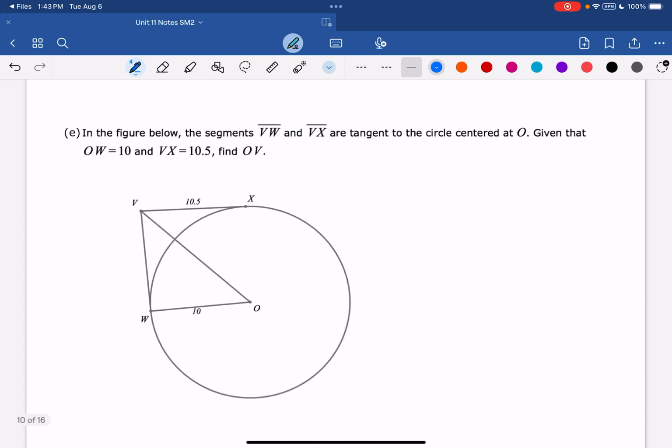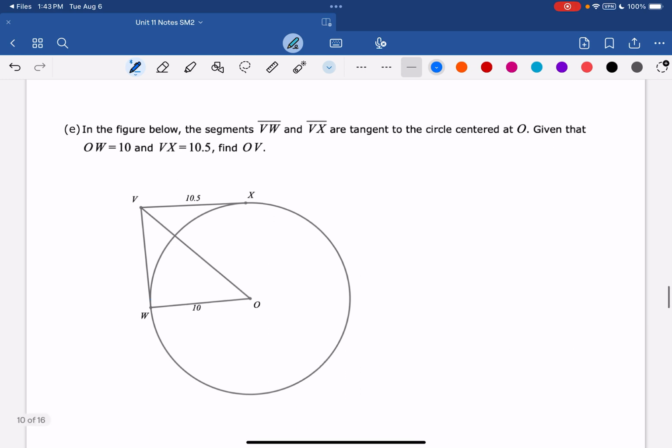And in the figure below, segments VW and VX are tangent, okay? And we have a circle O at the center, so that would make it a radius. That's a right triangle. WO is 10. VX is 10.5, sorry, and we're looking for OB. So we're looking for this side.